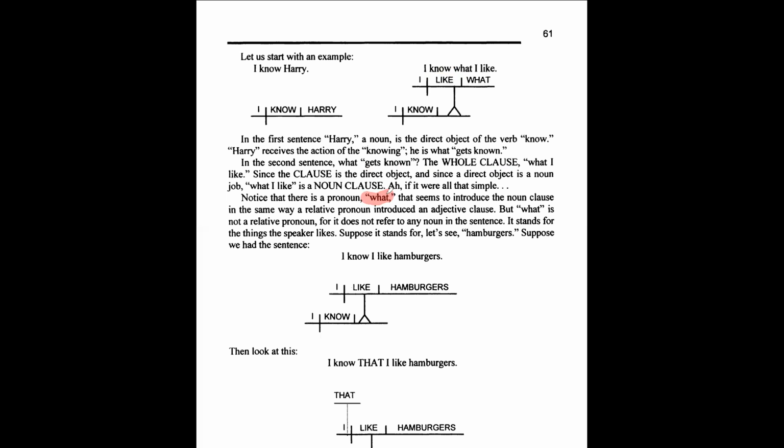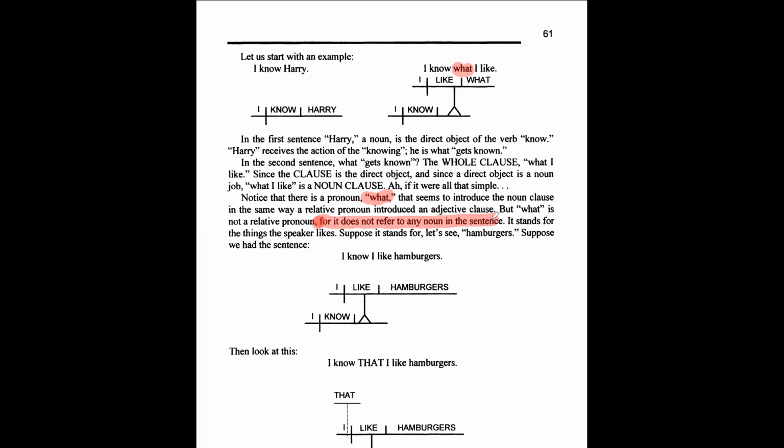But what is not a relative pronoun, right? It looks similar to those relative pronouns, but it's not a relative pronoun. For it does not refer to any noun in the sentence. There's no antecedent. If it were to be a relative pronoun, remember the relative pronoun refers back to something in the sentence. And you don't have that.